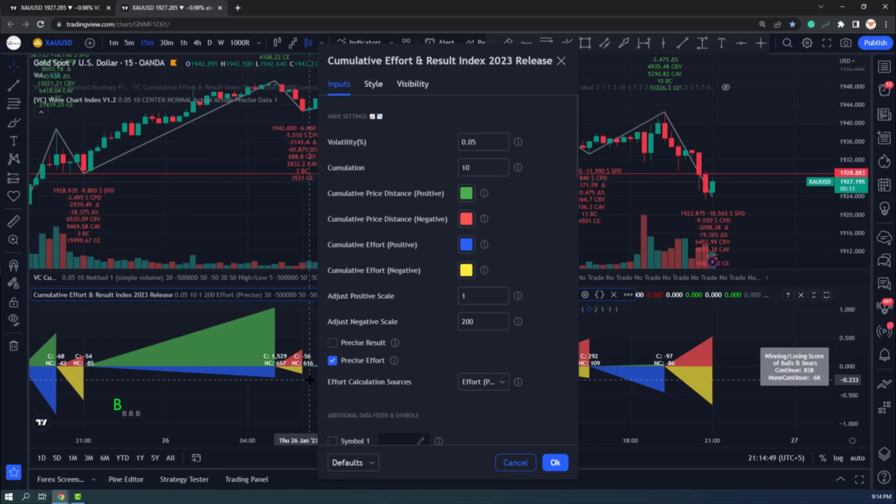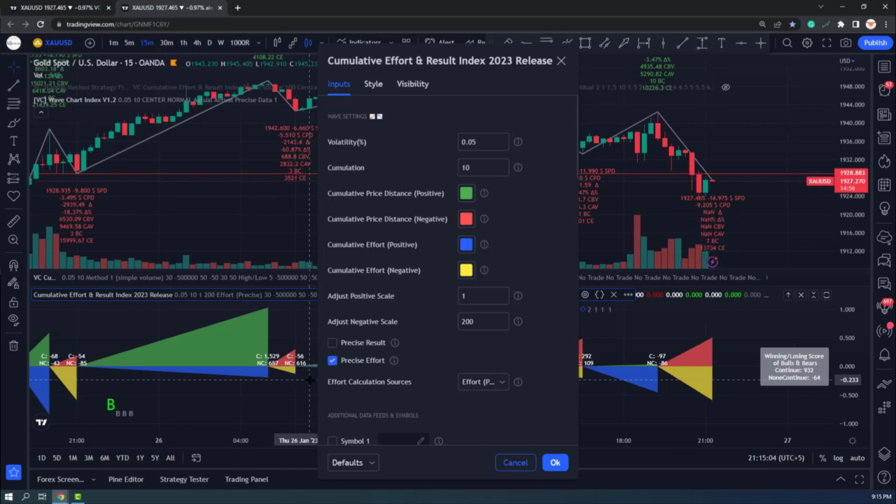But smart money and institutes can easily manipulate the volume, their efforts, open interest, demand and supply, by a lot of tactics.